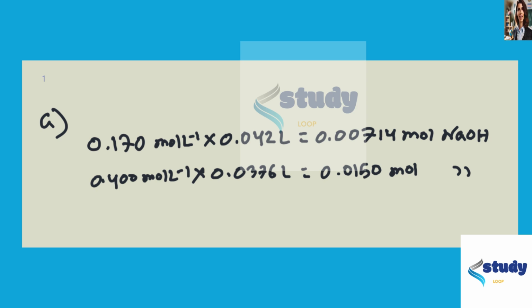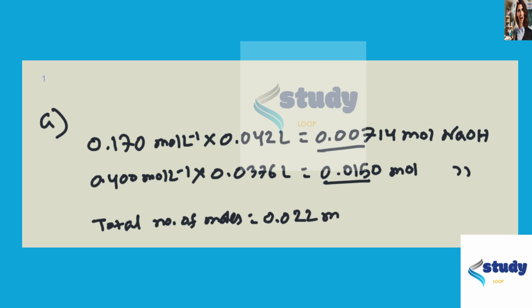Now, the total mole of sodium hydroxide will be the sum of these two. If we just add these two up, it will give us a value of 0.022 mole sodium hydroxide.